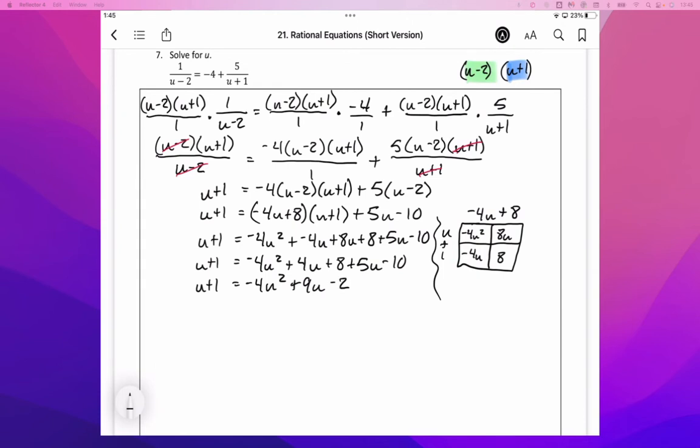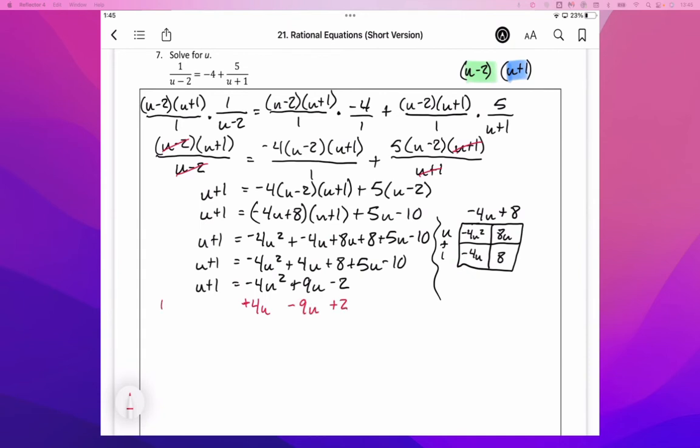All right. This is a quadratic. We do have something with a squared, so we need to set it equal to 0 somehow. And as I have talked about in previous problems and previous videos, it really helps me if my squared term is positive. So I am going to move all that stuff on the right to the left. I'm just going to do it in one step to save some room here.